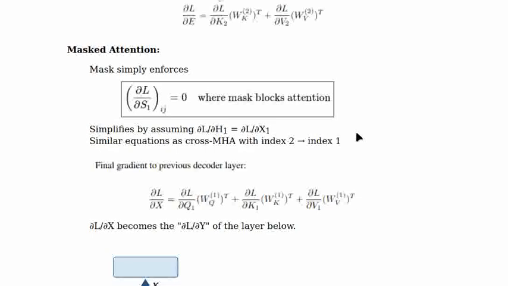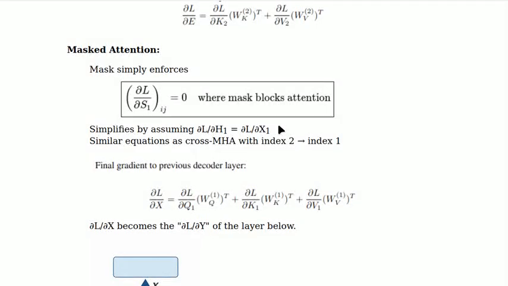Now, the next is the masked attention. The equations are very similar. The only thing is that the mask simply enforces dl dS1 ij is equal to 0 when the mask applies, or when the mask blocks attention.